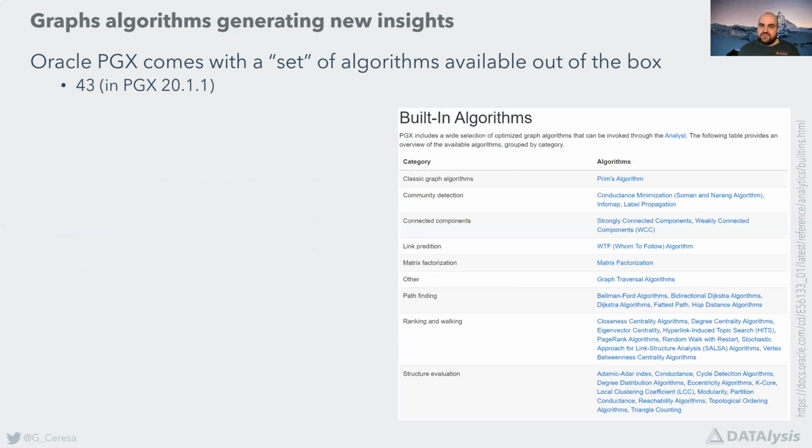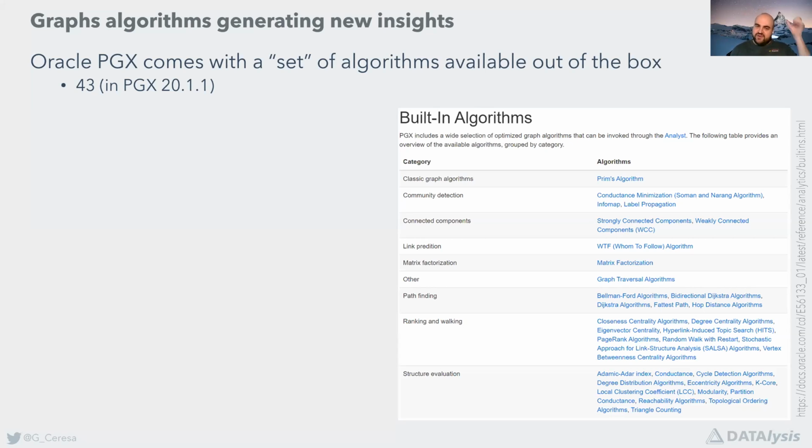Talking about algorithms, out of the box in PGX, the current version being 20.1.1, which you find called graph server 20.3.0.0.0. The PGX numbering is a bit out of sync with the graph server number just because of internal reasons. So by default, in the current release of PGX, you find 43 algorithms.